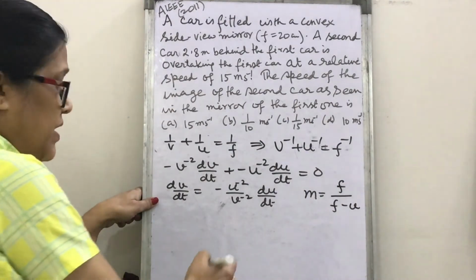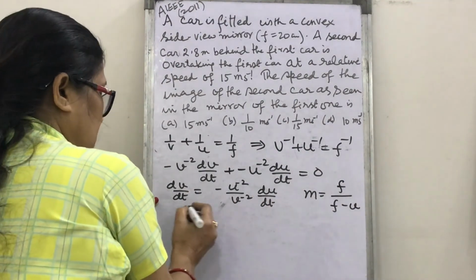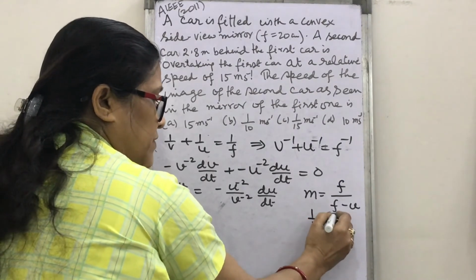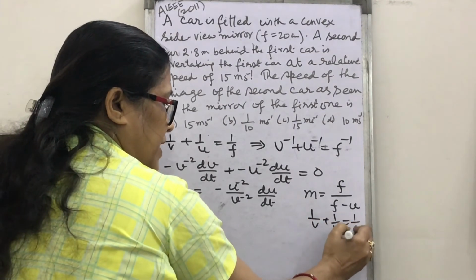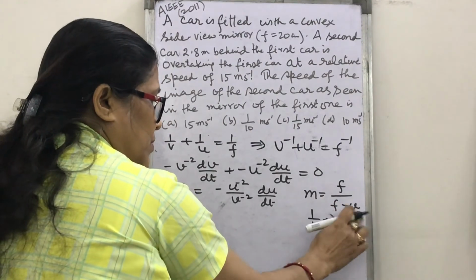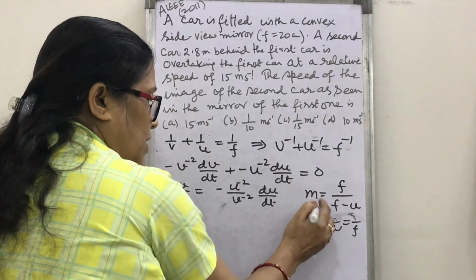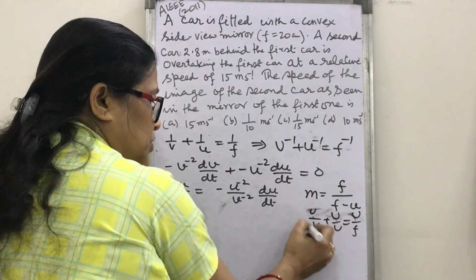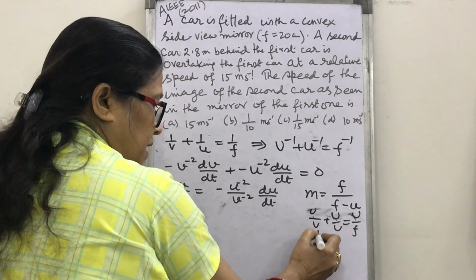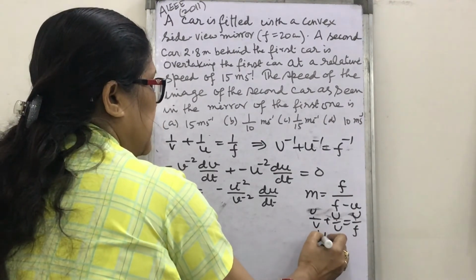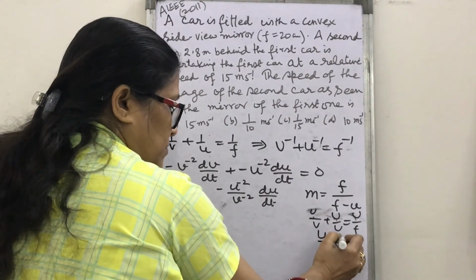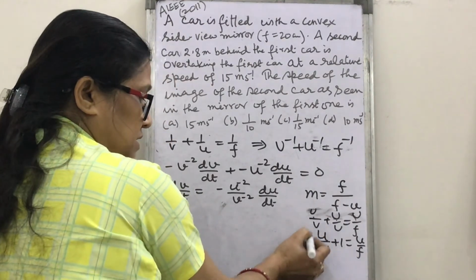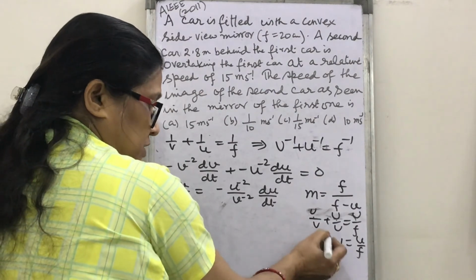How can you get this value? You know 1 upon v plus 1 upon u equal to 1 upon f. You multiply with u. What will you get here? This will be u, u, u. Then u by v is 1 by m, or you can write u by v plus 1 equal to u by f. This is m equal to, this is 1 by m.